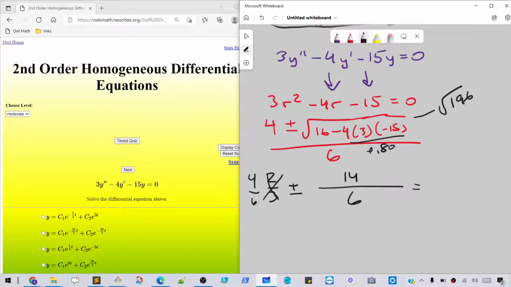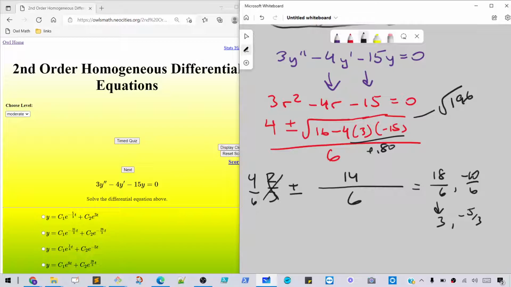And over here, we got a plus or minus, so we're going to have two roots, 18 over 6 and minus 10 over 6. So this is just 3, and this is minus 5/3.